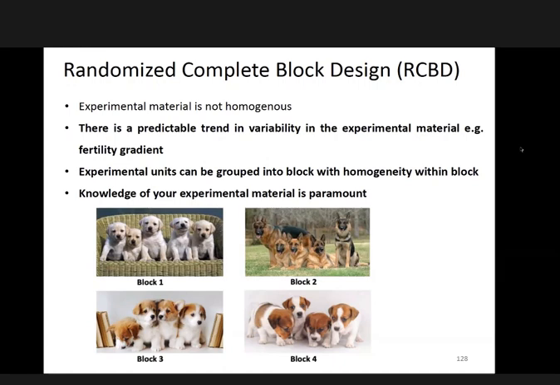You can probably use male and female, and you can divide the males into different groups, young male, old male. This can be your experimental unit. So here we assume that you know your experimental material well.